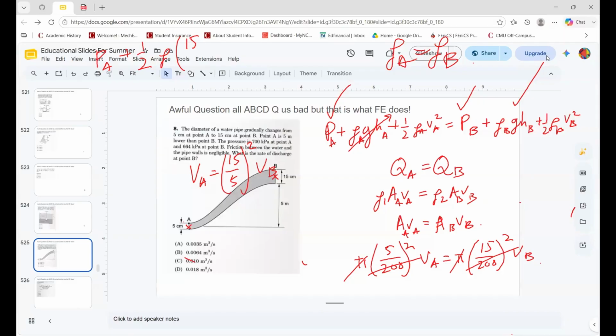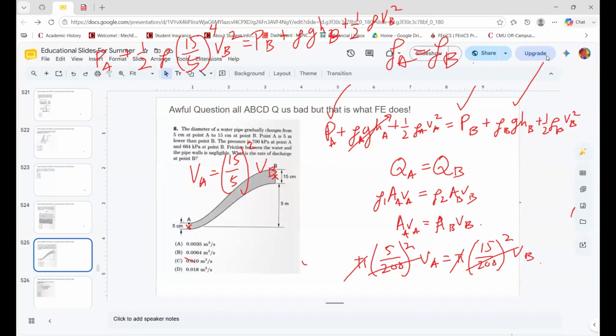Either way, we have 15 divided by 5, to the power of 4 for the ratio, then VB equals PB plus rho GHB plus 1/2 rho VB squared. So there's a square over here too, so there's definitely a ratio going on over here now. It's starting to build up, and it's overcomplicating things now, I guess.